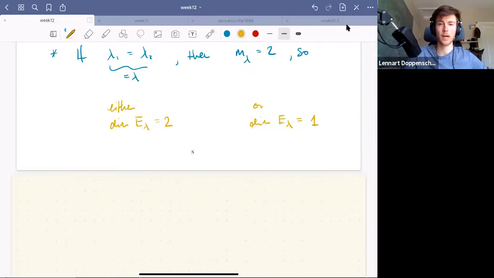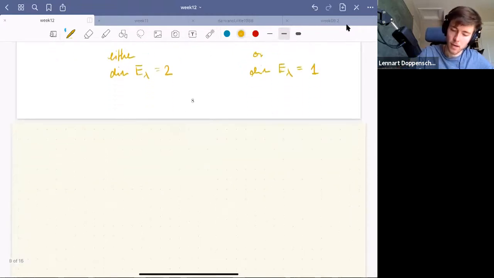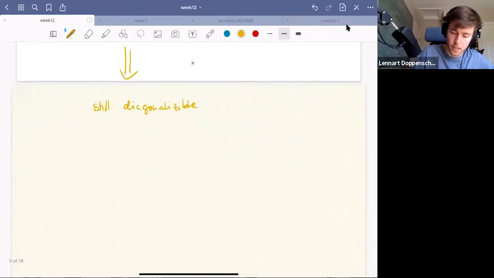C guarantees us to have 2 eigenvalues, counting multiplicities, but it doesn't mean that it's diagonalizable. If it's 2, then it's still diagonalizable, so in some basis Q A Q inverse is equal to diag(lambda, lambda).